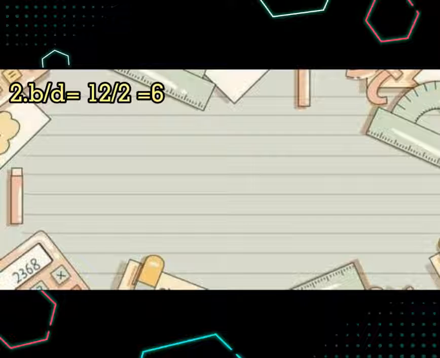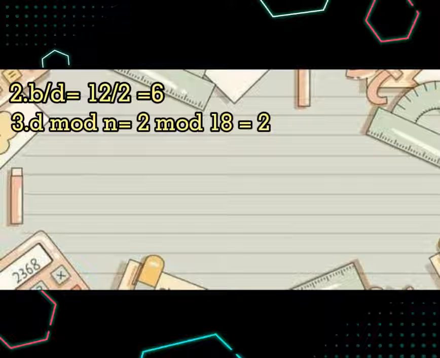If we divide those numbers, we get 6. Since d divides b, there is a solution. Third, d mod n equals 2 mod 18 equals 2. How did it become 2? Because we take the smaller number, so that we have 2 solutions that exist.